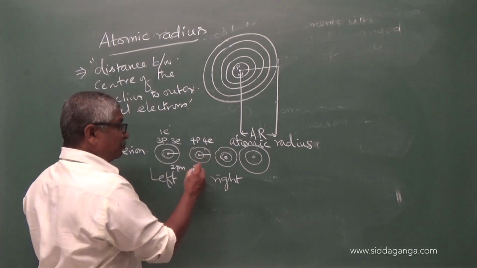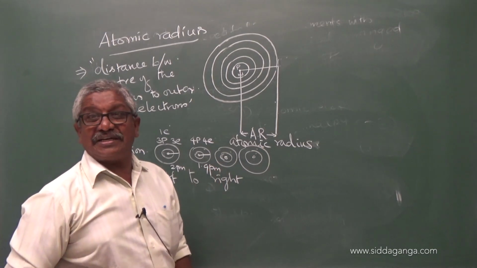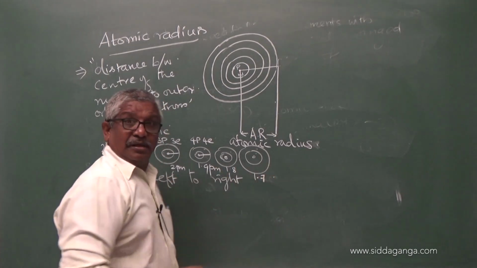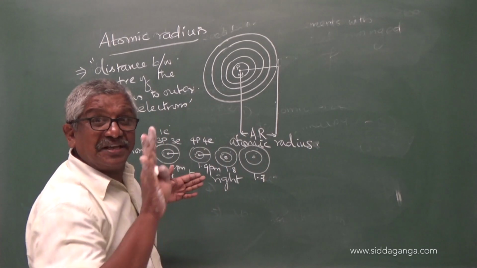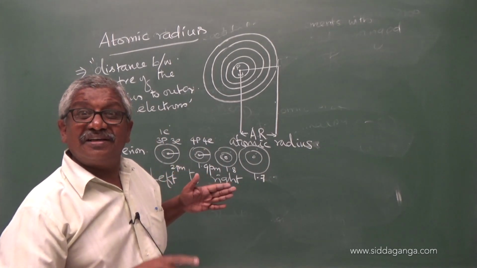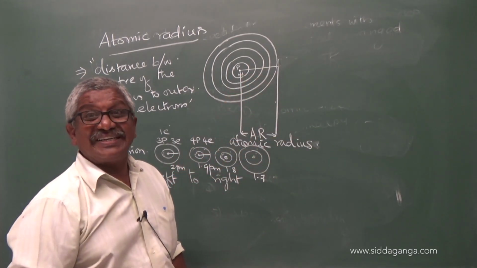First 2 picometer, next 1.9 picometer, then 1.8, then 1.7. If we move from left to right in the period, what happens to the atomic radius? It goes on decreasing.